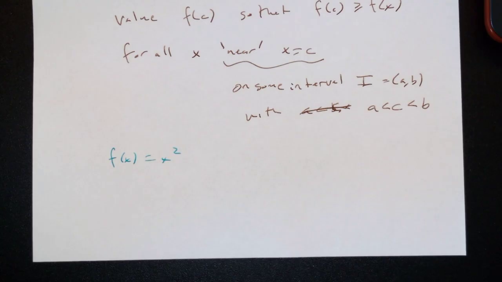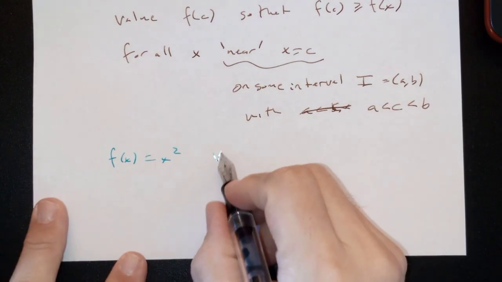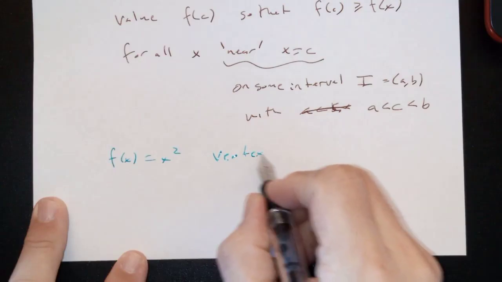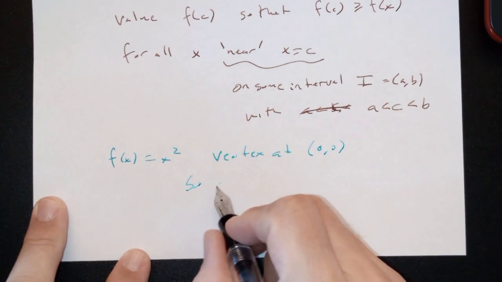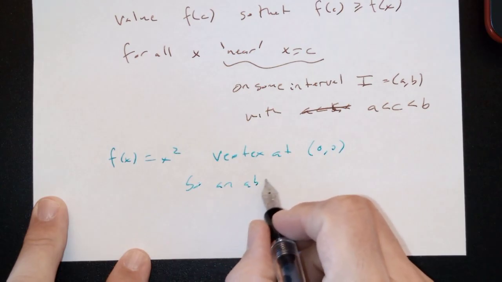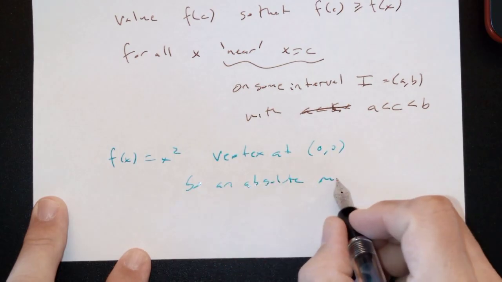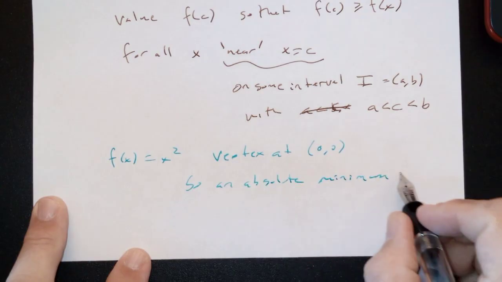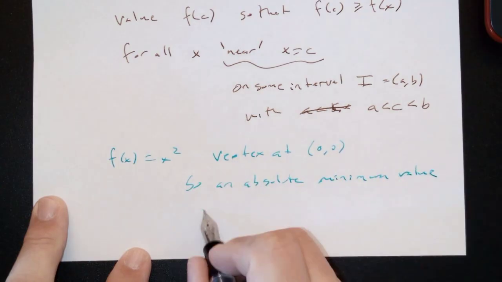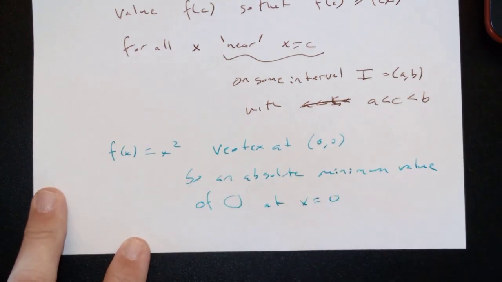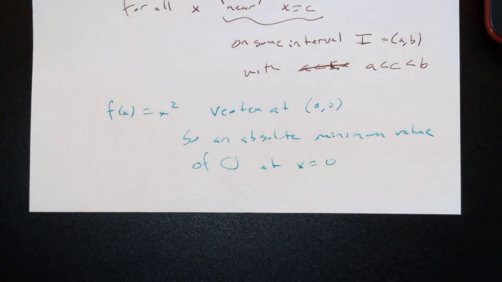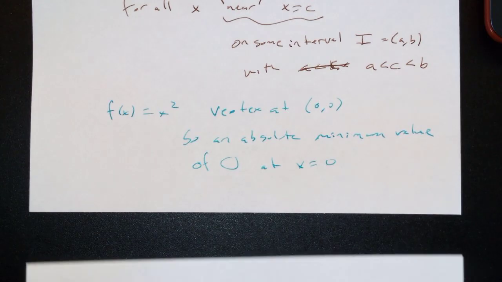The vertex. So the absolute minimum value is 0, and it occurs at the x value, 0.